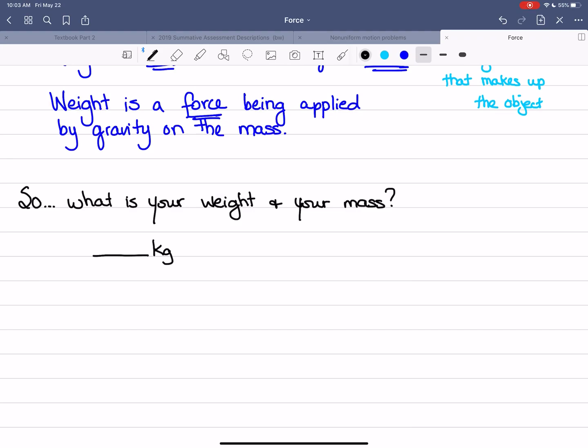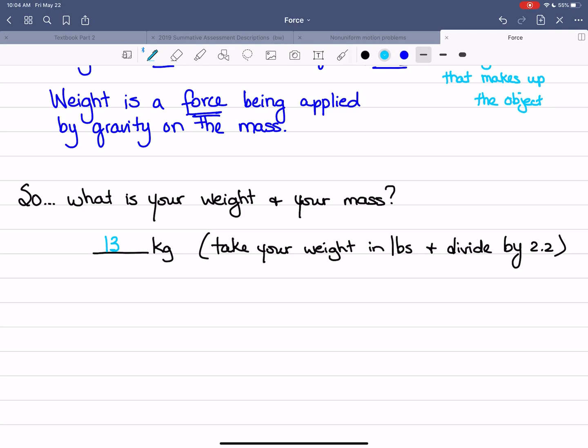So in order to do that, you would take your weight in pounds and divide by 2.2, because 1 kilogram is 2.2 pounds. So I'm going to give you an example. Let's say that you are 130 pounds. If we divide 130 by 2.2, we end up with 59.1 kilograms. Okay, so that is your weight in kilograms.